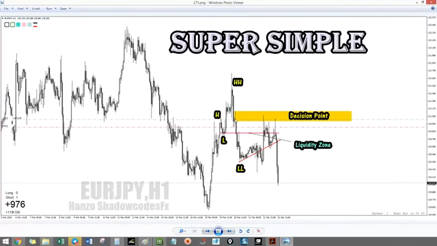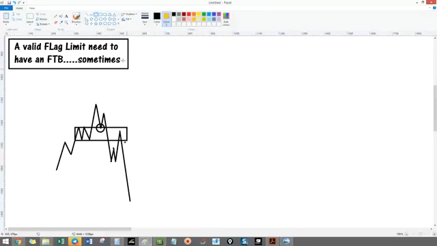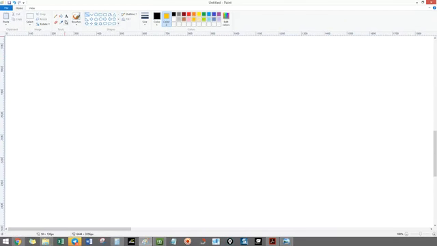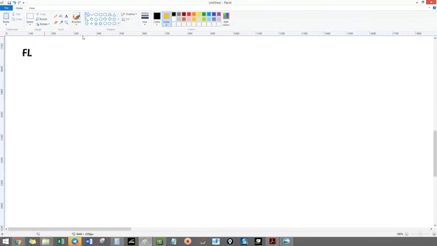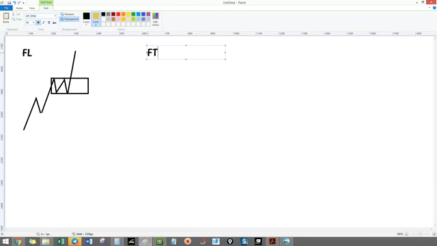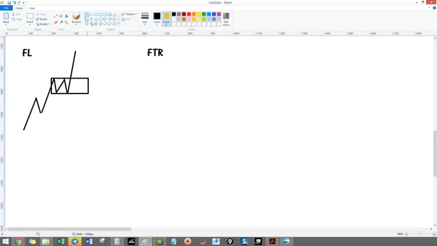Before this, I was only shown a picture like this. They gave me a picture like this for me to solve the puzzle. For FL, they give you something like this. For FTR, they give you something like this.